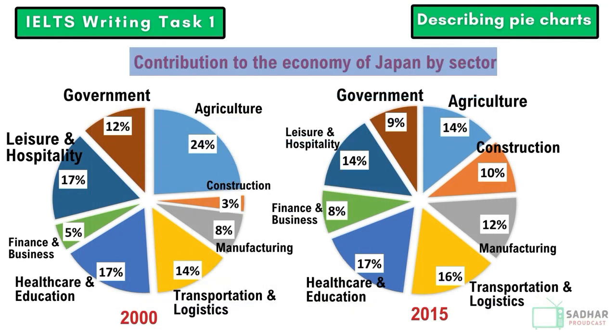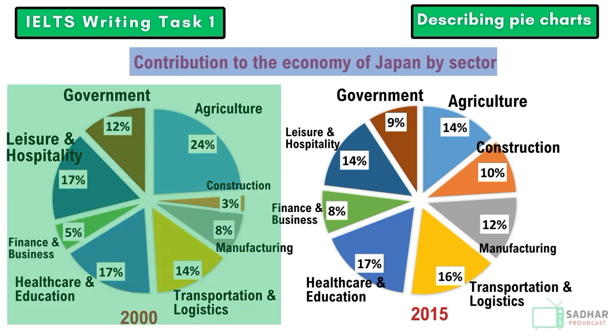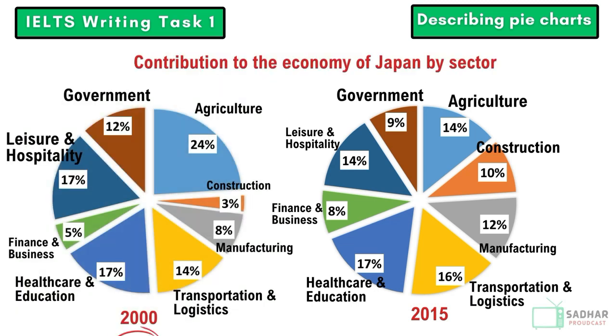And let's take a look at the pie charts. There are two pie charts, and on the left and on the right, this is the title, Contribution to the Economy of Japan by Sector. This is the data of the year 2000, and then you can see there are some slices of the pie or the sectors.